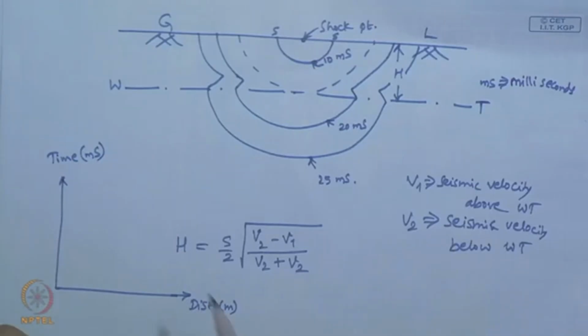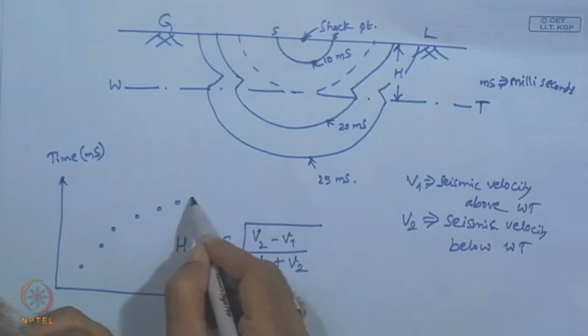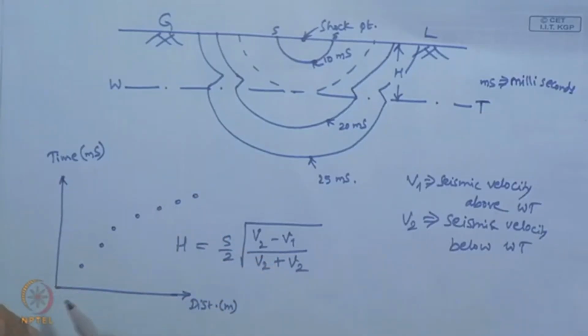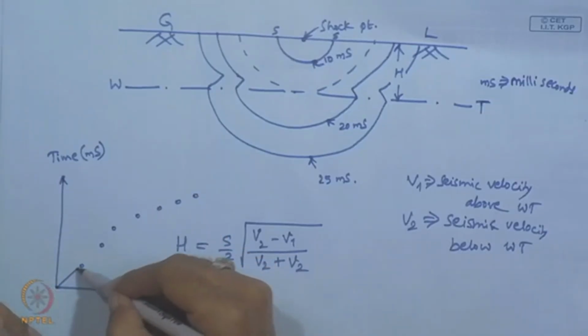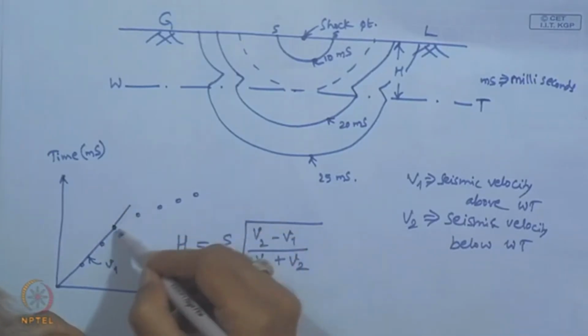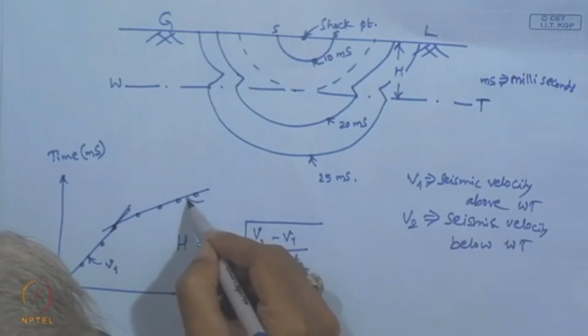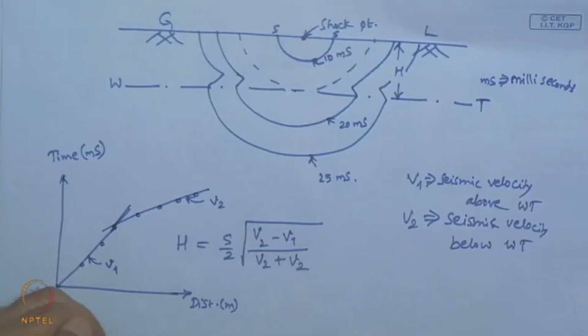So in this case, it will show two distinct velocities, one above the water table, so this is the velocity V1, and this is the velocity V2.